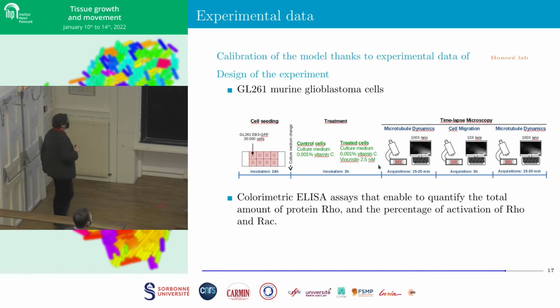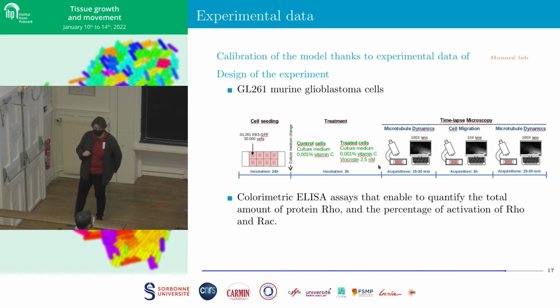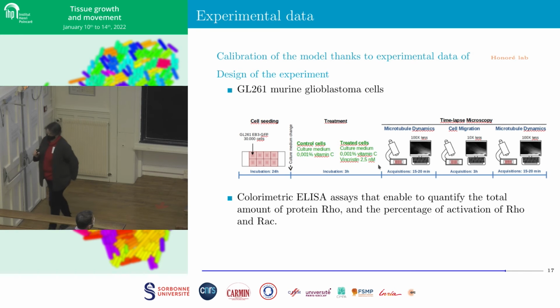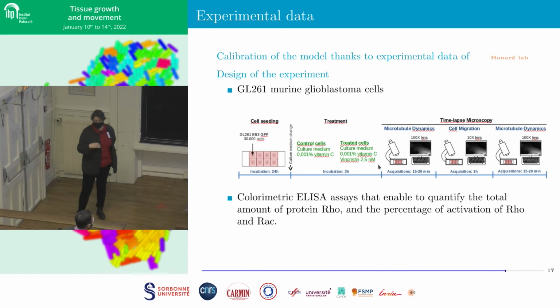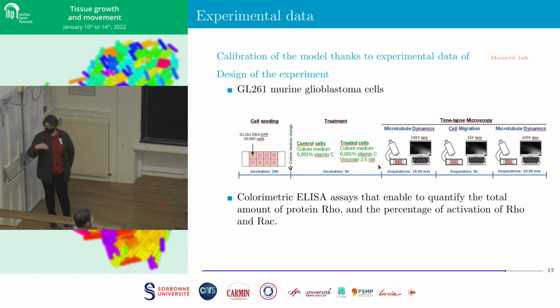So to calibrate this model, we built with the group of Stéphane Honoré a couple of experiments, and especially we had an experiment where they get, on the same cells, the microtubule dynamics indicator and the migration indicator, also on the same data.